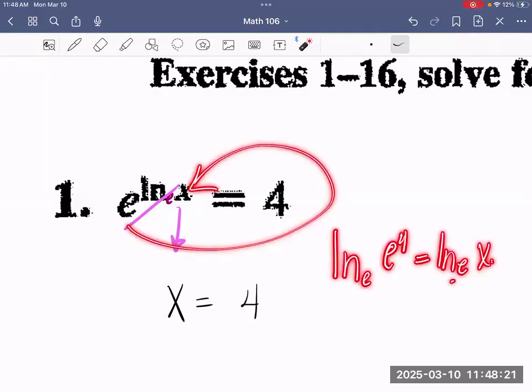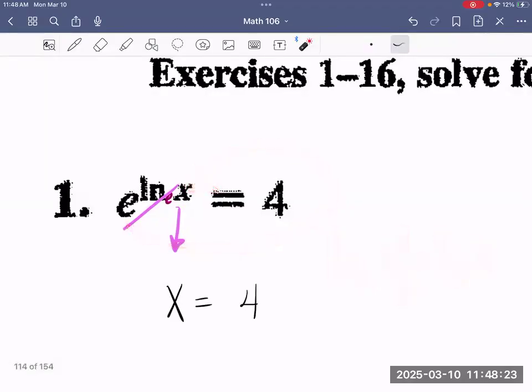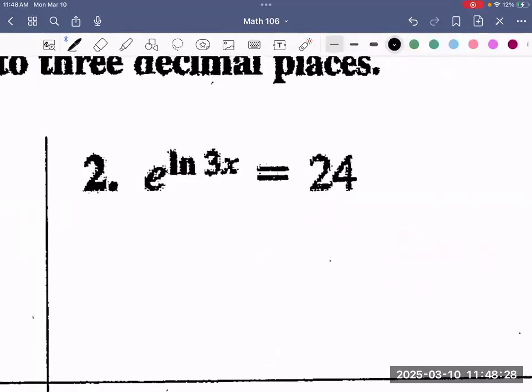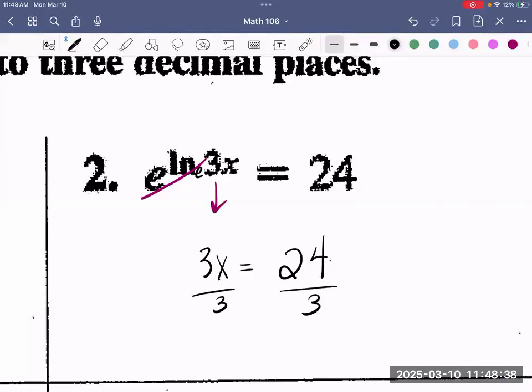There's a lot going on, right? So therefore, x has to be equal to 4. Or here, right? Again, another e is here. So they cancel, your 3x drops, and you have 24, in which case you can divide by 3, and x is equal to 8.